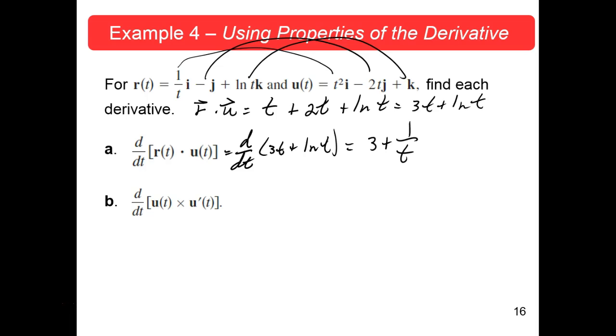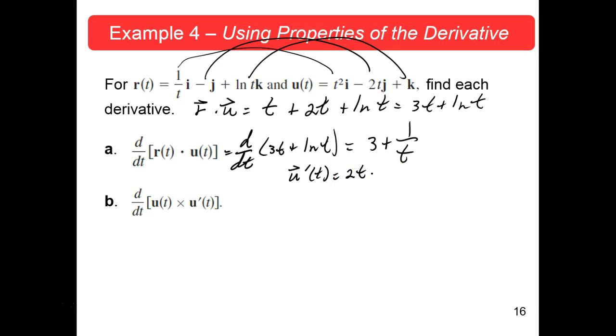Okay, first thing you got to do is find the derivative of u, right? So let's do u prime. U prime of t. And what is that? We haven't done that yet. What's u prime of t?